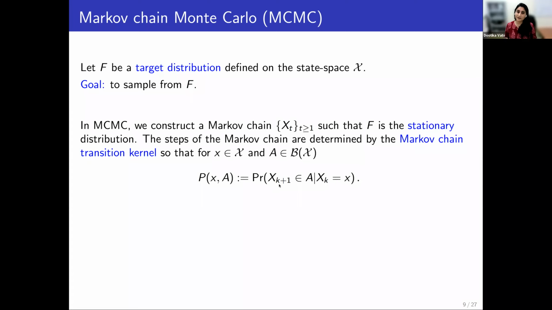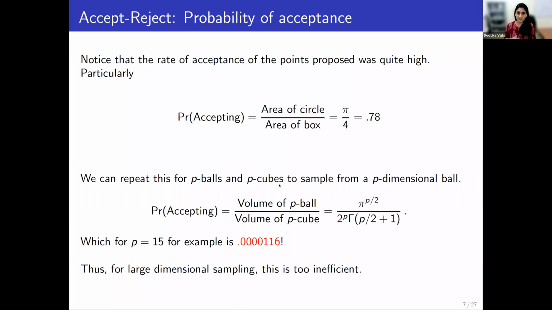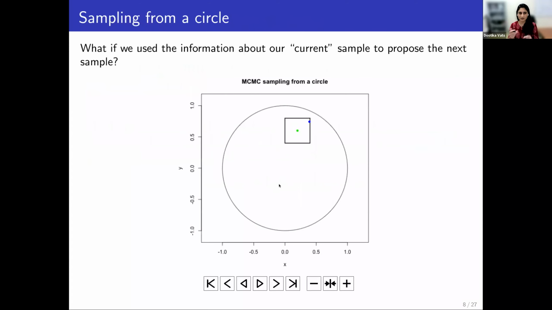For example, in this animation, I can't show it to you here, but if I increase or decrease the size of the box, that will give me a new transition kernel. Because the way I'm sampling from one state to the other is changing, because the places where I'm drawing values from are changing. So the kernel changes.